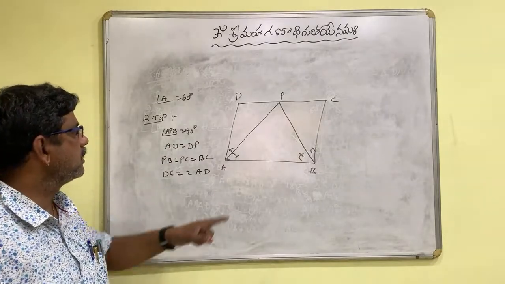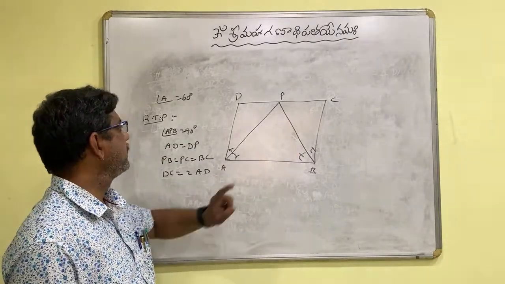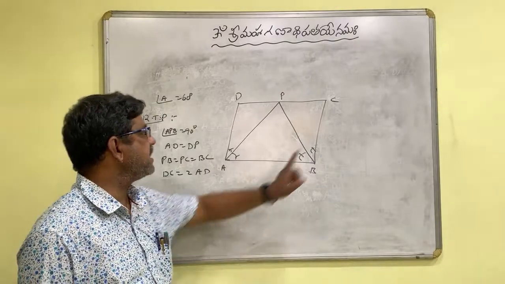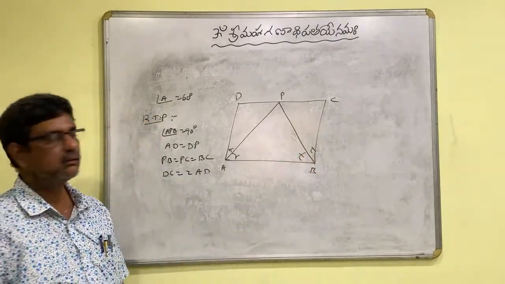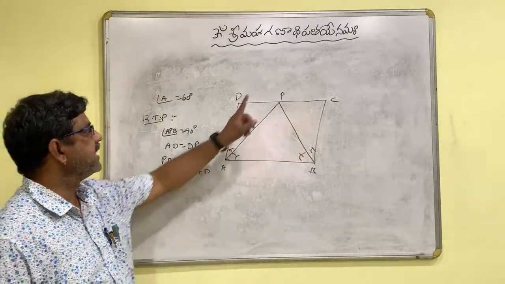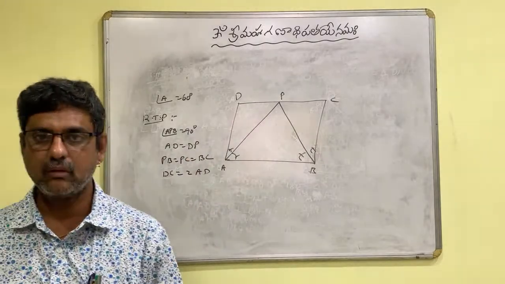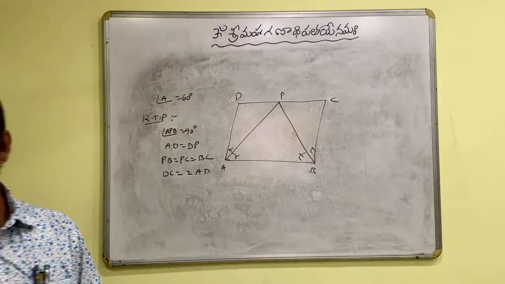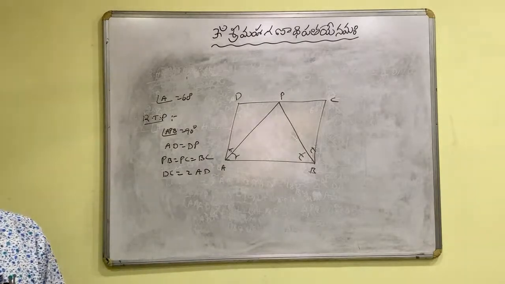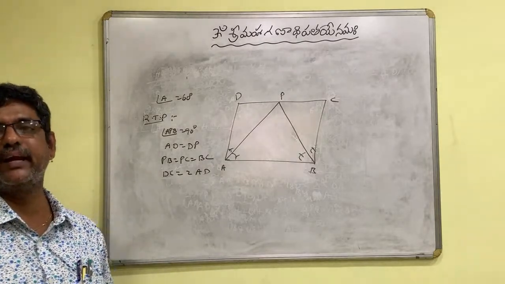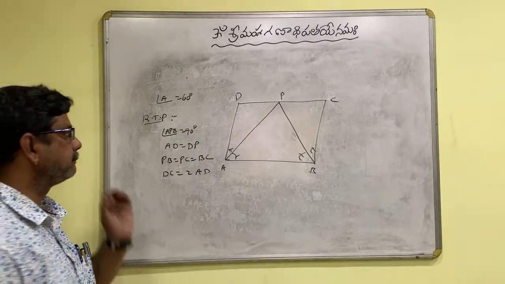Third one, PB, PC, BC are equal. Fourth one, DC is equal to 2AD. That is what we have to prove. Four are there in total. Very easy sum, but you need to listen carefully.